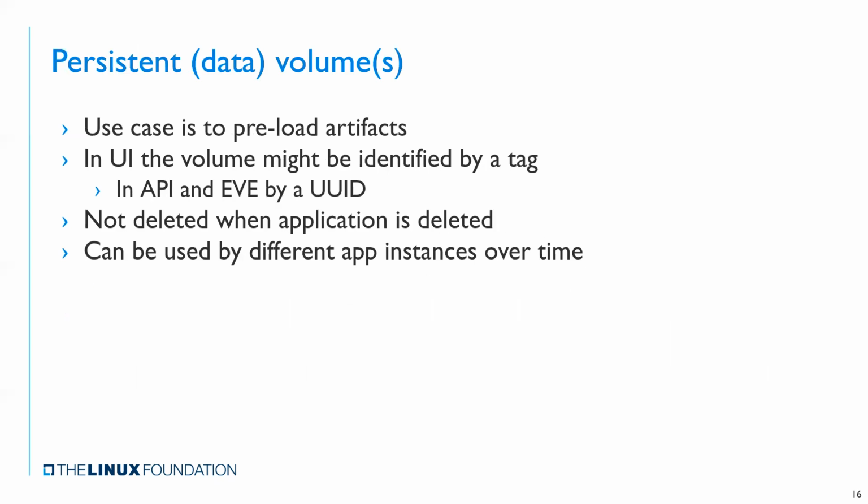So one of the use cases for this is persistent, typically data volumes. The common use case here is that people have some artifacts that you want to preload. I might have a bunch of data, a database of things.